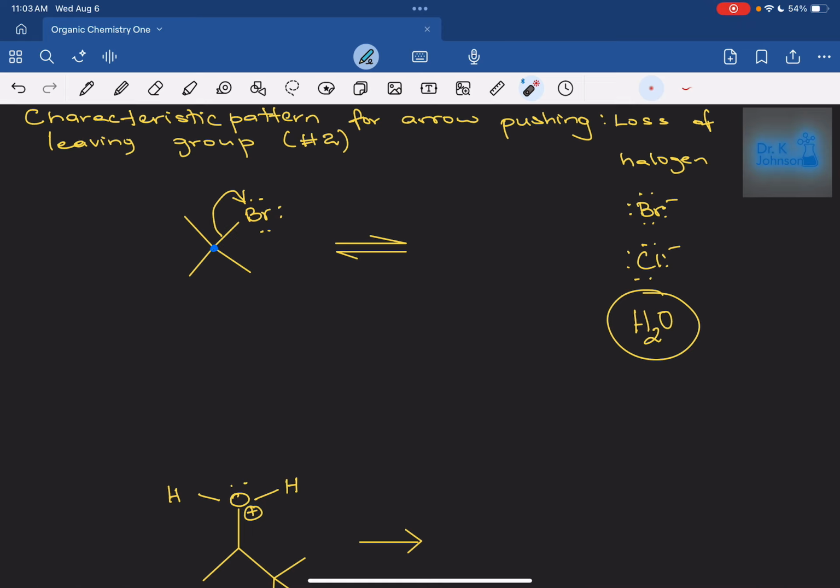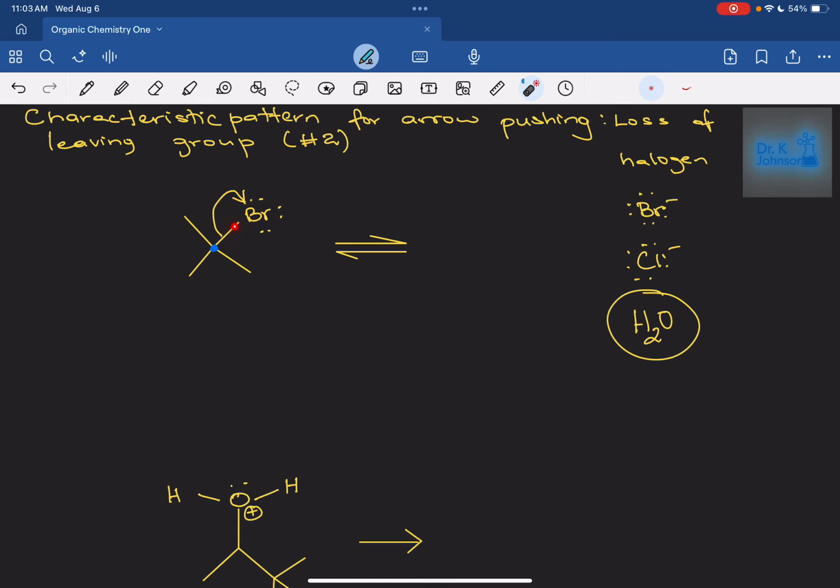If you have watched the video with the nucleophilic attack, you will remember, and I hope you do, that when you draw an arrow from a bond, that shows electrons being shared between two atoms, this arrow means the two electrons that make up this bond now go on to bromine. It's like bromine is stealing the two electrons to be with bromine only.